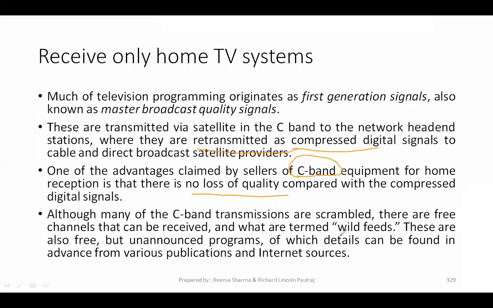These are also free but unannounced programs of which details can be found in advance from various publications and internet sources. These days we do not have to worry about all this, because they have categorized things based on the types of packages that we employ, and based on that the pricing plans are also prepared, right?